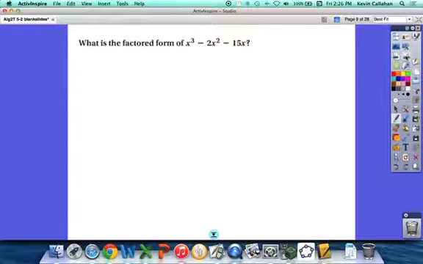Okay, first, what is the factored form of that polynomial? Now, it's a cubic. Understand that so far, we didn't really study any factoring of cubics. Out of the 4 or 5 kinds of factoring that we did talk about, there's only one that might apply here. Certainly nothing that talks about quadratics would work, right?